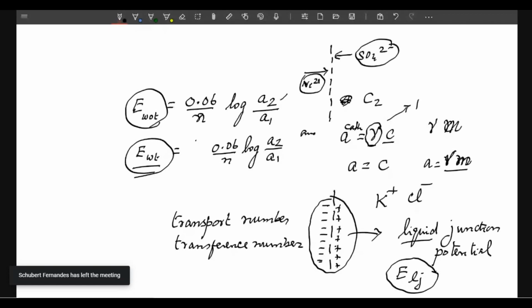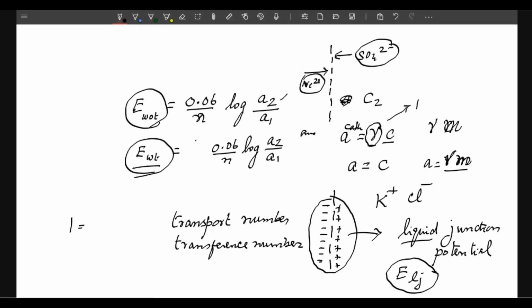What is the transport number? It is defined as the fraction of the total current carried by an ion. Now let us take the total current passed as 1, of which 0.75 of the current is carried by the cation, which means the remaining 0.25 will be carried by the anion.